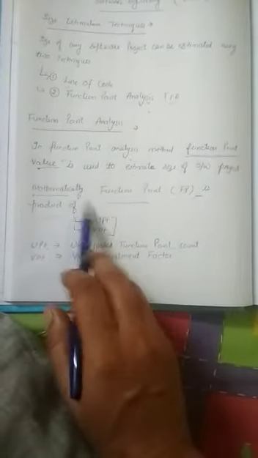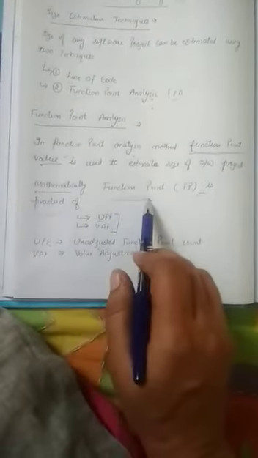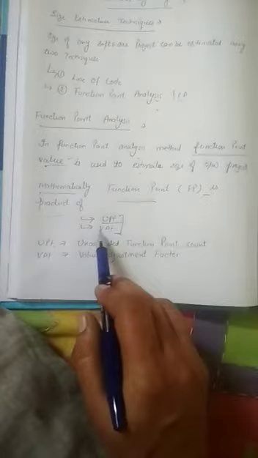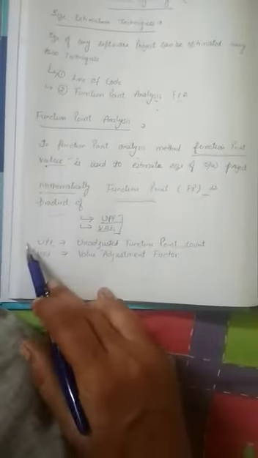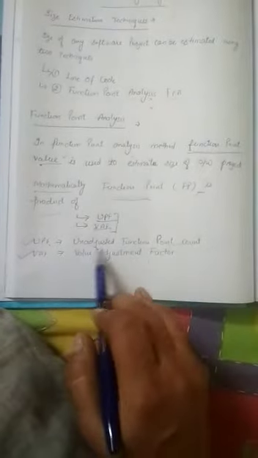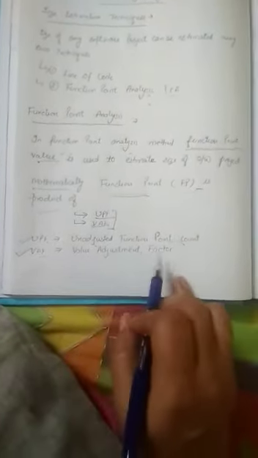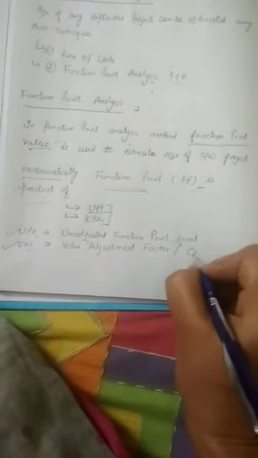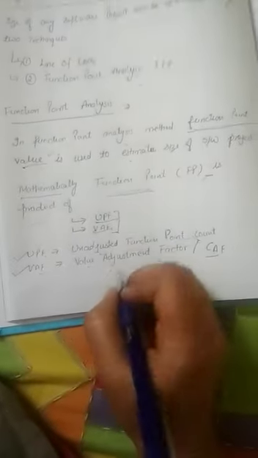And mathematically we can write function point as the product of two parameters, that is UPF and VAF. Now what is UPF and what is VAF? UPF stands for unadjusted function point count and VAF stands for value adjustment factor. VAF is also known as CAF, that is complexity adjustment factor.